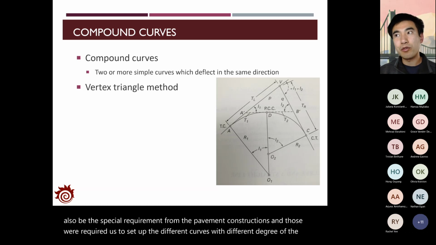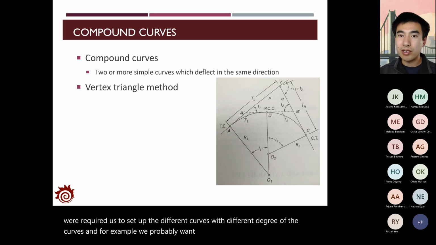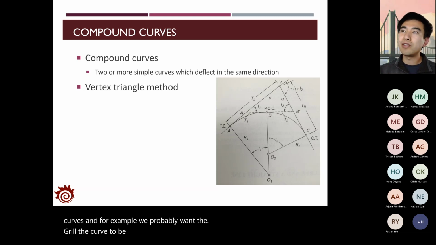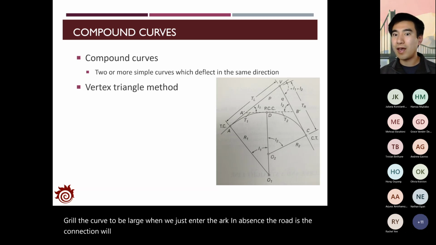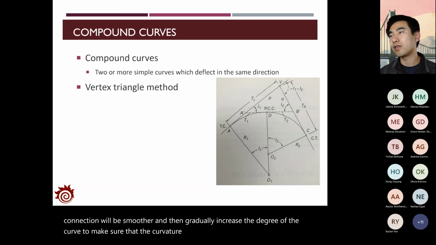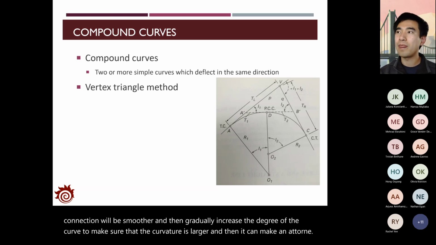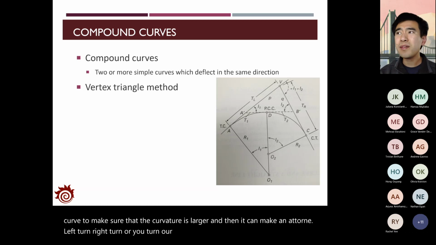For example, we probably want the degree of the curve to be small when we just enter the arc. In that sense, the road is smooth and the connection will be smoother, and then we gradually increase the degree of the curve to make sure that the curvature is larger, and then you can make a left turn, right turn, or U-turn on the road.